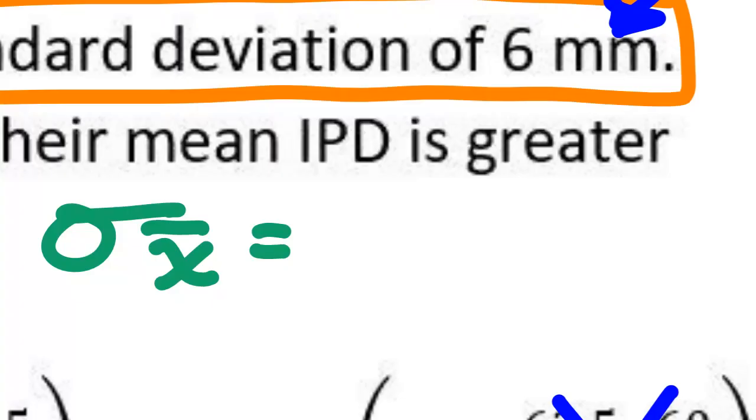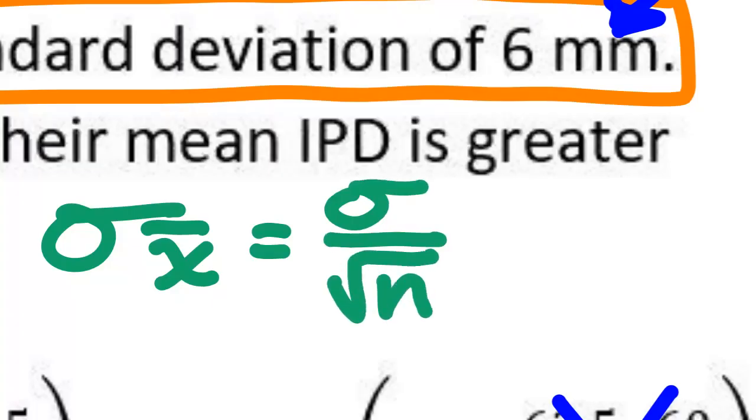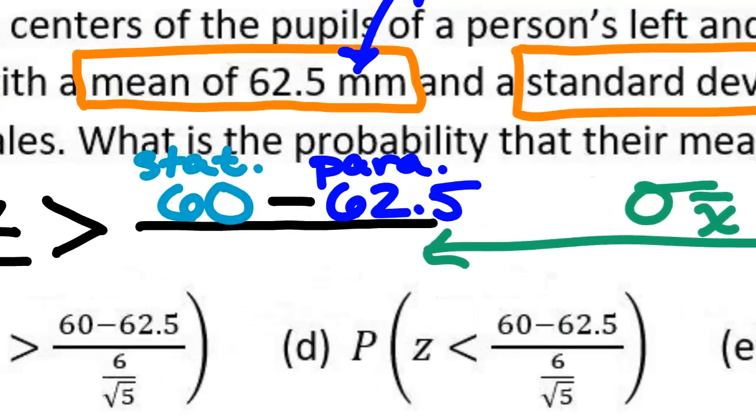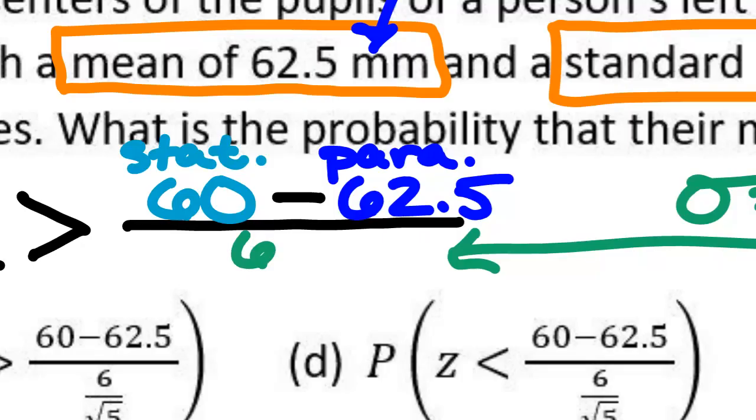Sigma of X bar is equal to sigma over the square root of n. That is what goes down here. What is sigma? 6 divided by the square root of n, square root of 5.